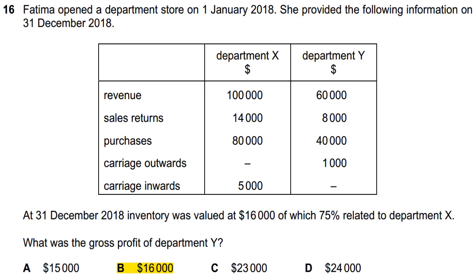It means the closing inventory of X is 12,000 and the remaining is of department Y, which is 4,000. The total working of this account we will see in the next slide.